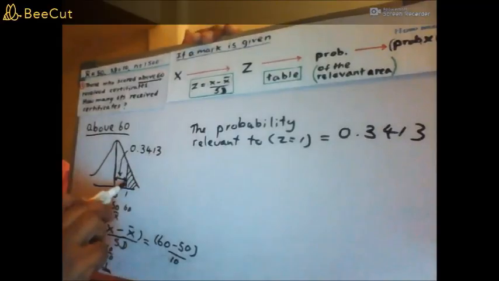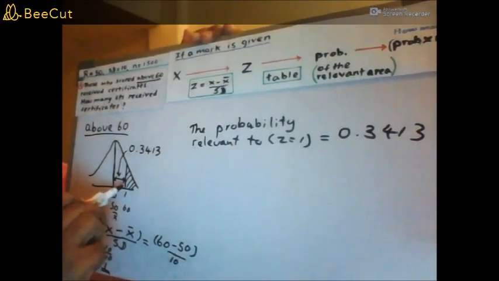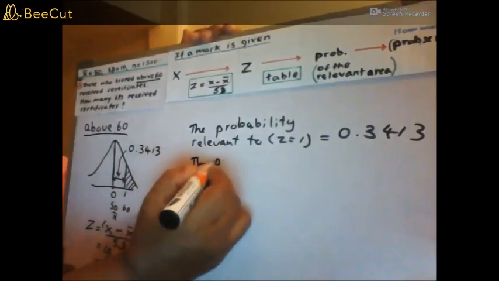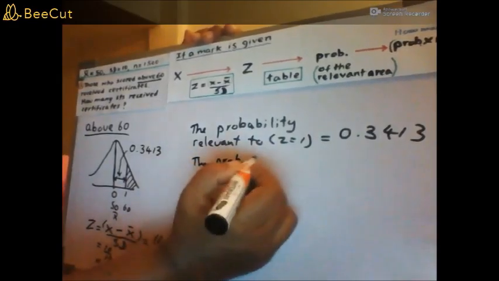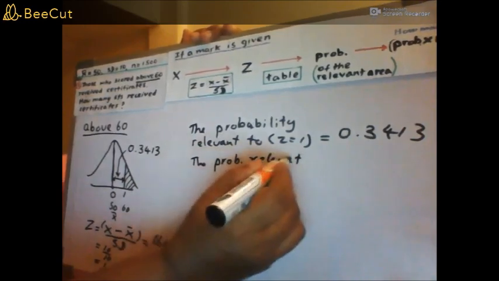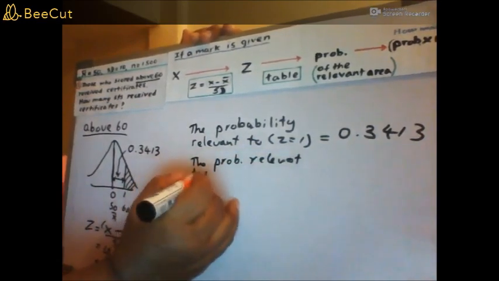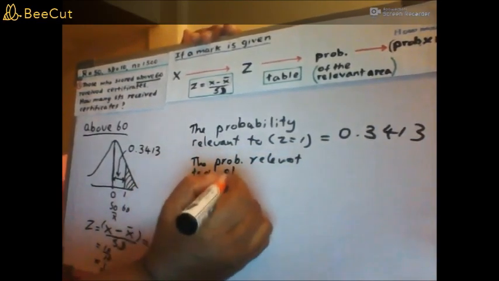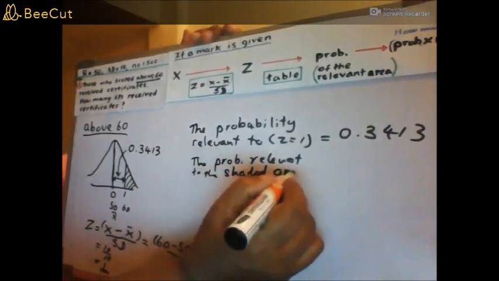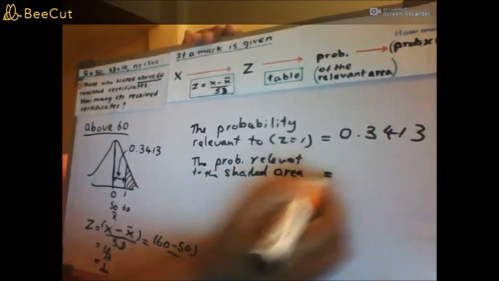Then you have to find the probability relevant to the shaded area. How can we find that?